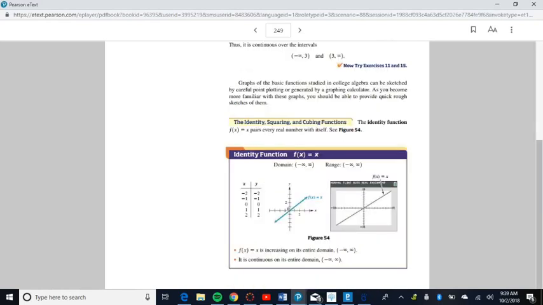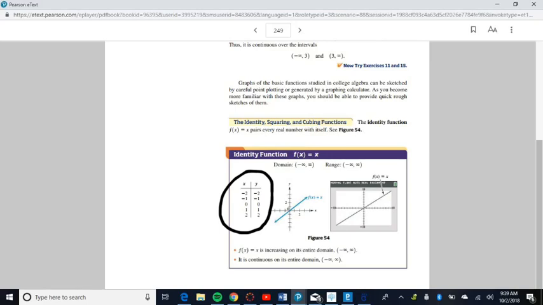So the first function we're going to look at is called the identity function. And remember, if something is an identity, that means it never changes. So the identity function simply says that no matter what x becomes, y is the same number. And if you look at its graph, it's always a straight line going right through that 0, 0 point.